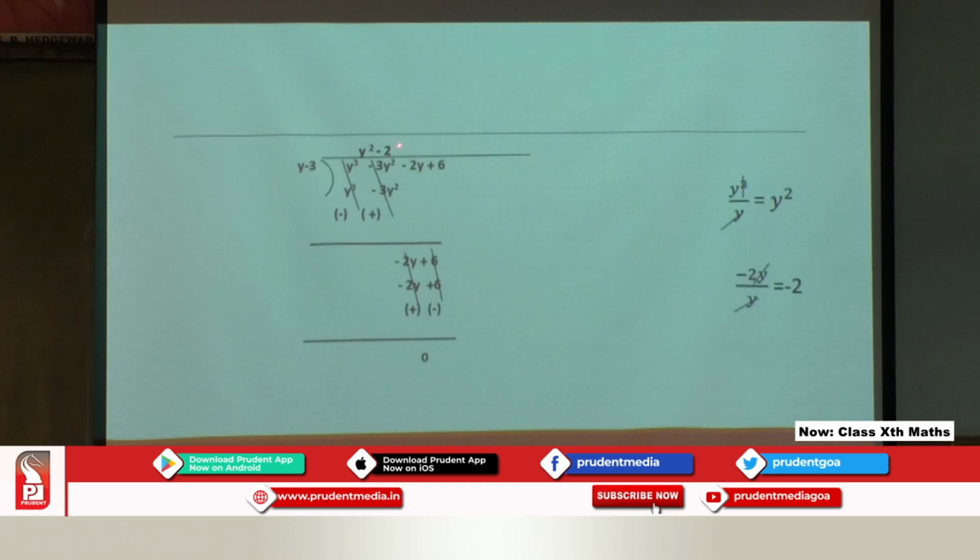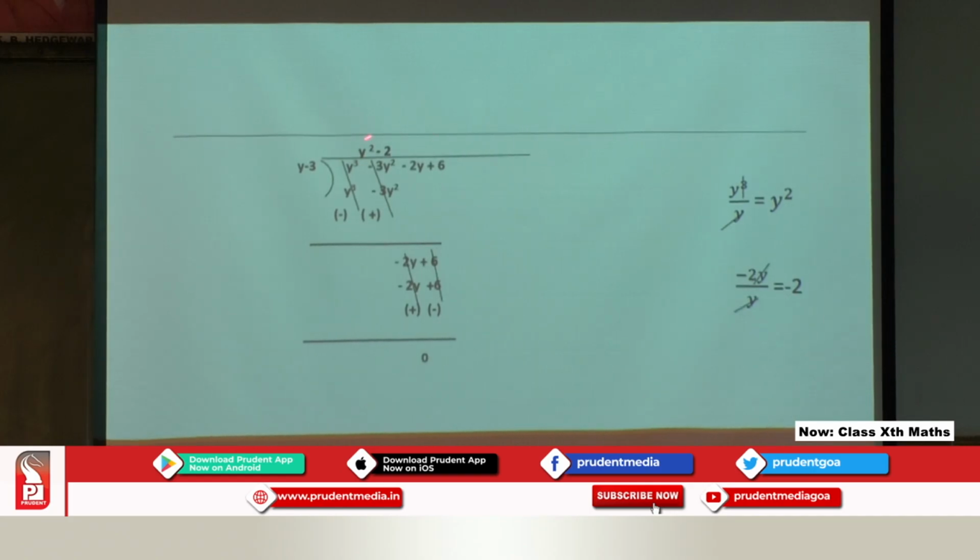Now we multiply this minus 2 into the entire divisor: minus into plus is minus, 2 into y is 2y, minus into minus is plus, 2 threes are 6. Again we do the subtraction, changing signs, negative becomes positive and positive becomes negative. Now both terms cancel, so after cancellation we get the remainder as 0.